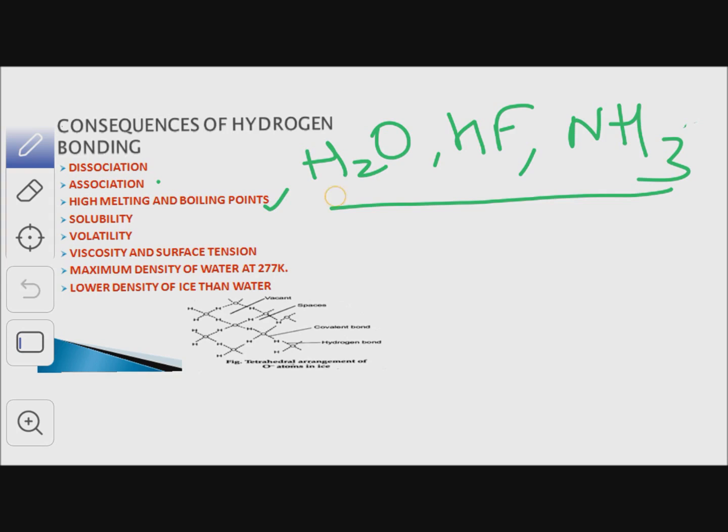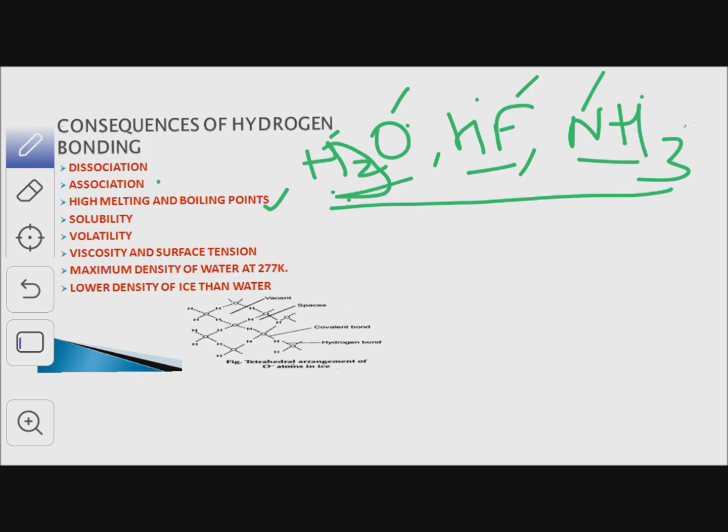This is due to the formation of hydrogen bond. Like in case of water, oxygen forms hydrogen bond with hydrogen because oxygen is more electronegative than hydrogen. Similarly, in case of HF, fluorine forms hydrogen bond with hydrogen, and in case of ammonia, nitrogen forms hydrogen bond with hydrogen.